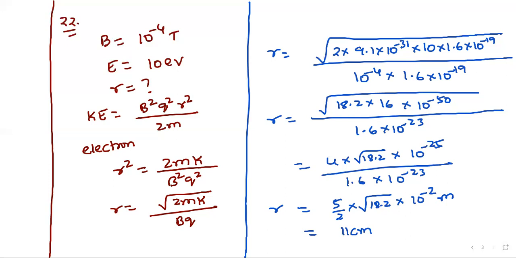That is option A. Under root of 18.2 is 4.266, so approximately we are getting 10.66 centimeter, approximately 11 centimeter.